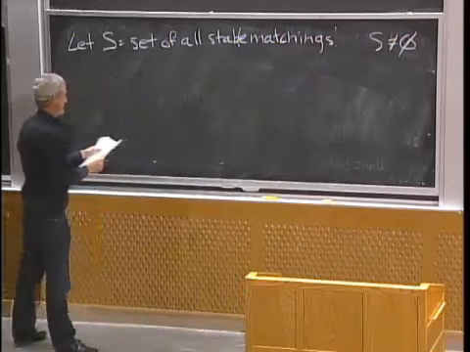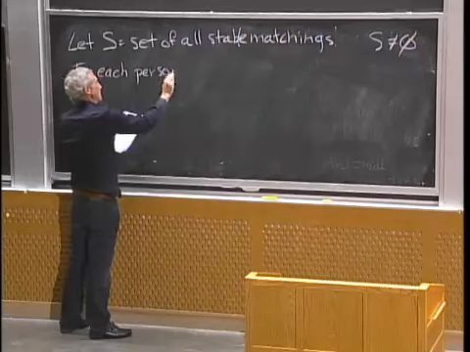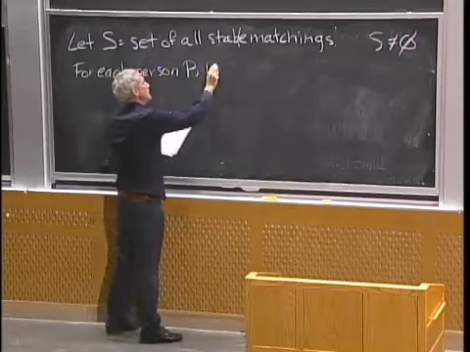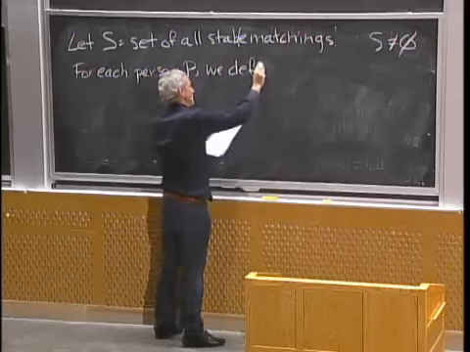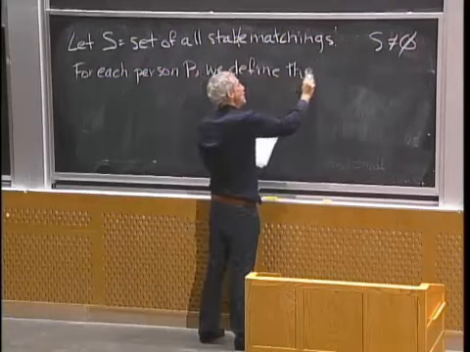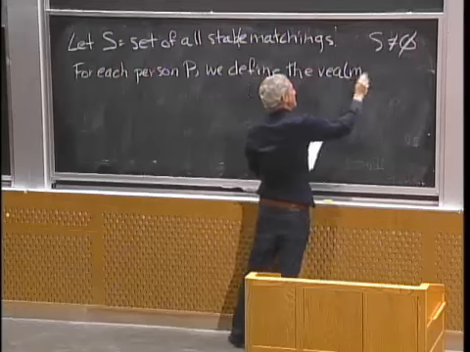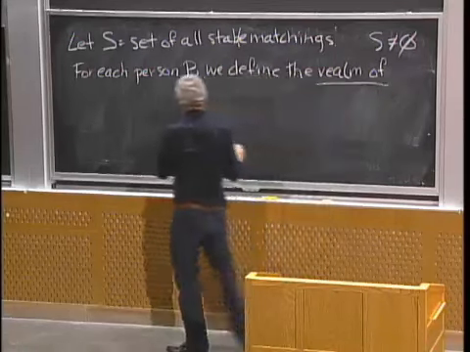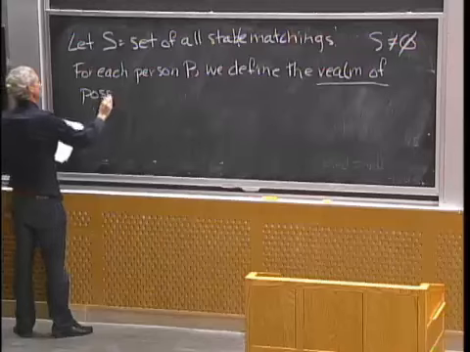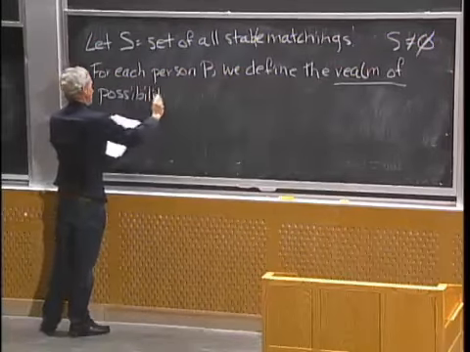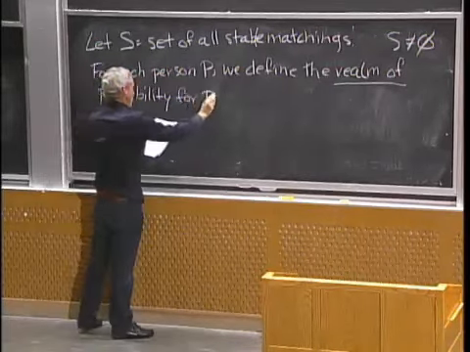Now for each person P, we define the realm of possibility for P to be the set of mates that you might have in a stable matching.